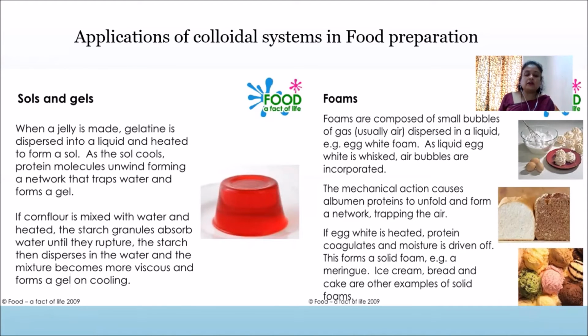Gels are solids which form a three-dimensional network, cross-linked, and which holds the liquid. So you can say it doesn't flow easily. As you can see, where a jelly is made, gelatin is dispersed in a liquid and heated to form a sol. As the sol cools, protein molecules unwind, forming a network that traps water and forms a gel.